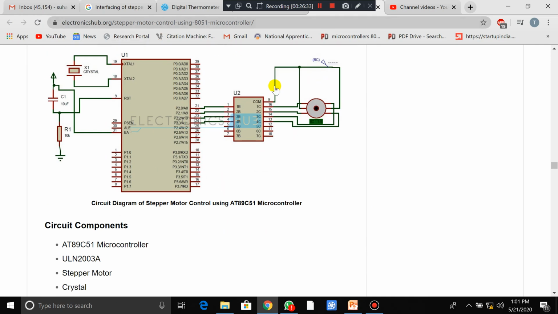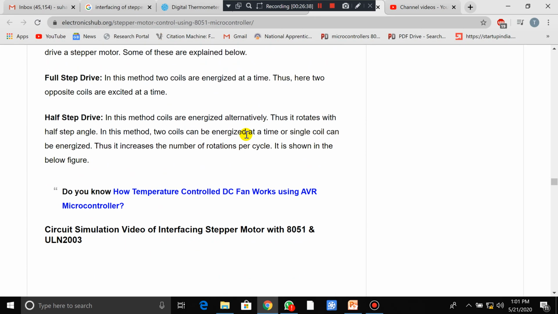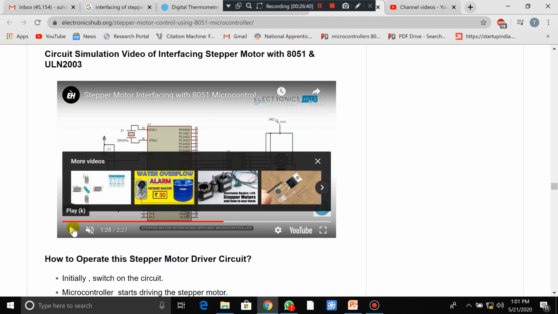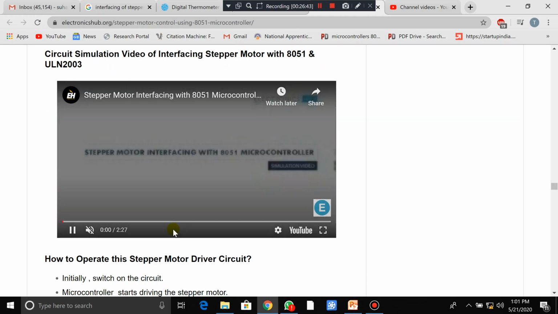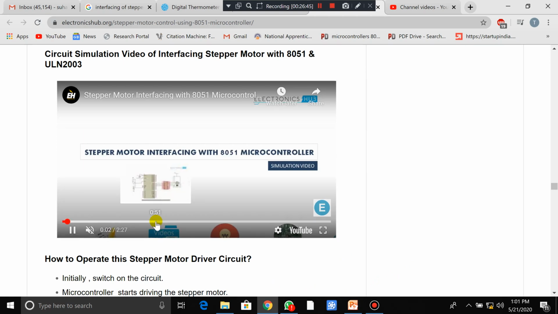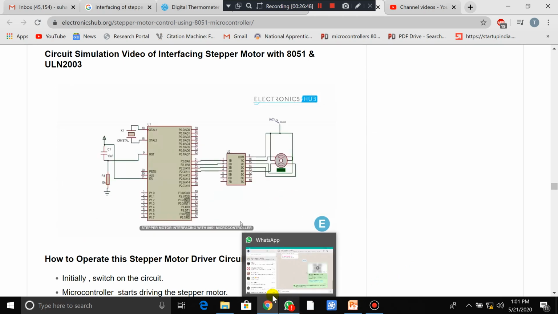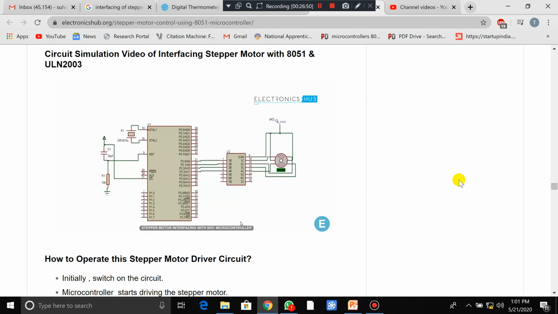So this is a circuit diagram: microcontroller, stepper motor driver, stepper motor. You can see this video, how it is done. This is a liquid crystal display.